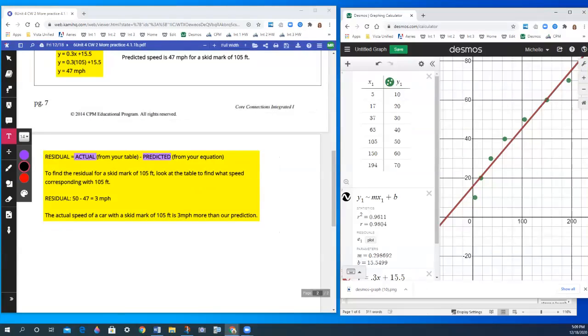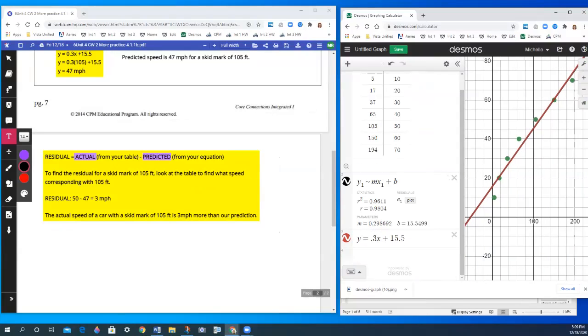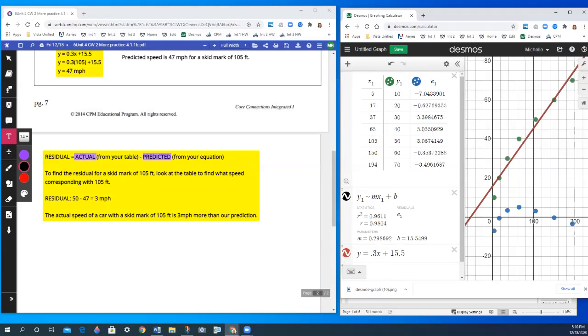If I come over here, where it says residuals, has a little E1, and I click plot, it's going to plot all of the differences from my data point to my line. It's going to plot those above and below the x-axis. So when I hit plot, you see them being plotted above and below. You also see all of those residuals are given right here.